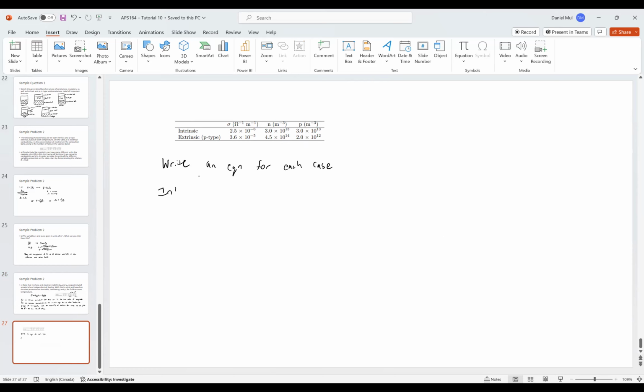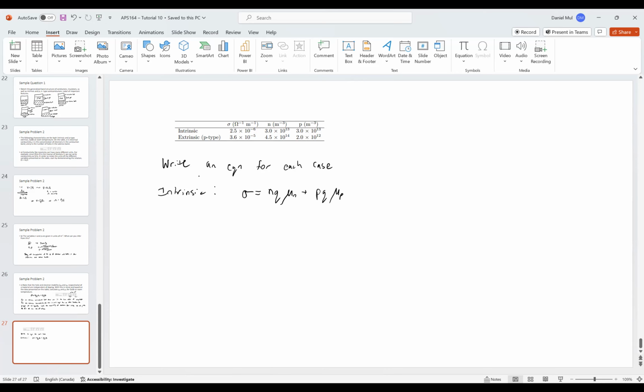So for intrinsic, we have sigma equals n q mu n plus p q mu p.